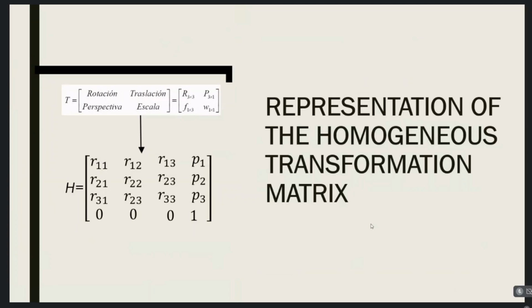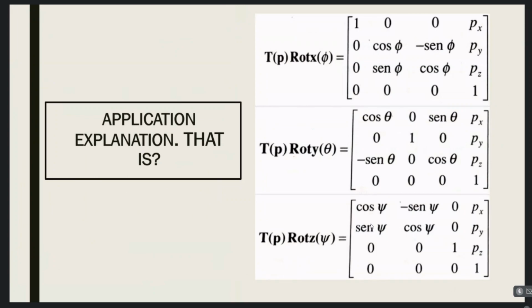In robotics, it is generally only of interest to know the value of R 3 by 3 and P 3 by 1, considering the components of F 1 by 3 to be null and W 1 by 1 to be unity.